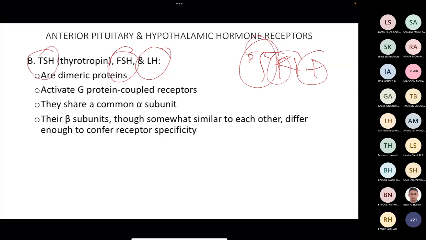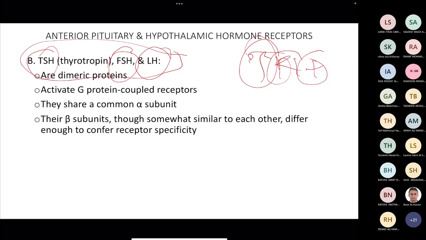You surely studied them. They are called G protein coupled receptors. G protein coupled receptors are known by that name because they are coupled to G proteins. And usually those proteins, TSH, FSH, or LH, are composed of two subunits.